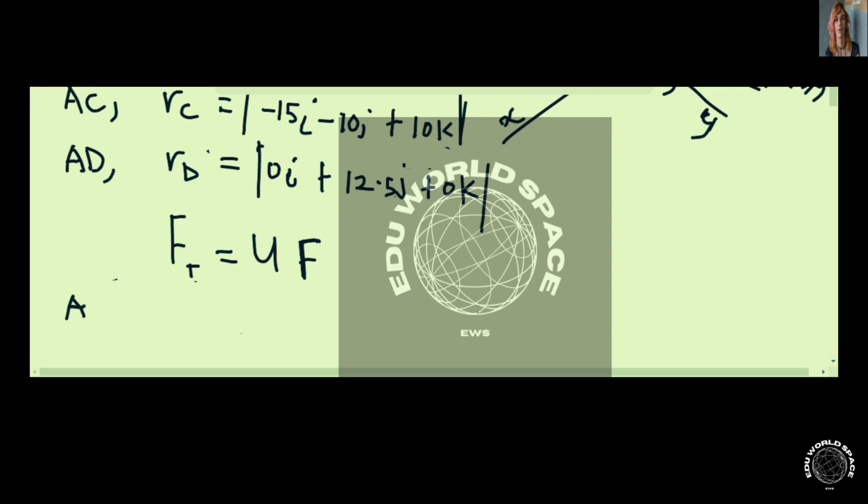AB is B minus A, so that we can now get the vector there to be 10I minus 15J minus 30K.